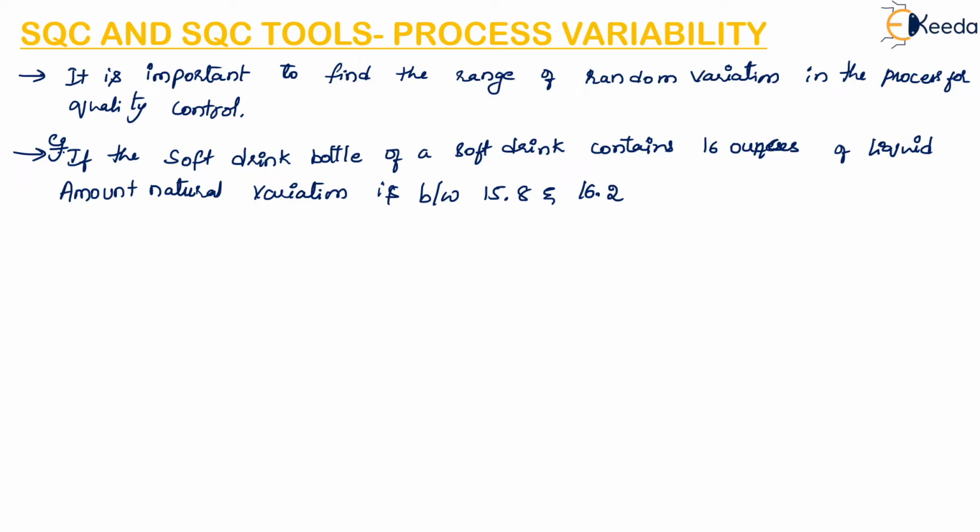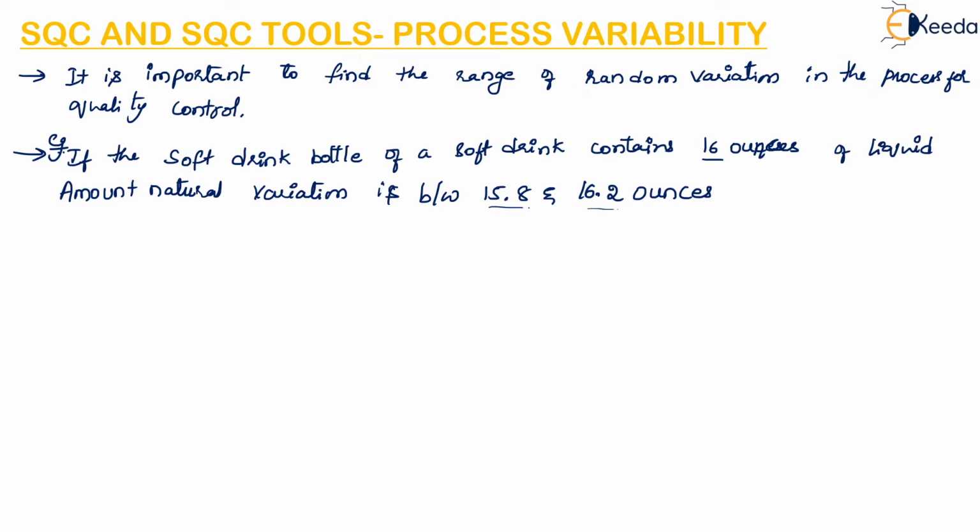Actually it must be filled to 16 ounces, but we cannot fill it exactly, so we are giving a range. It may be filled up to 15.8 or up to 16.2. If it is within this range, then the variation is not big.